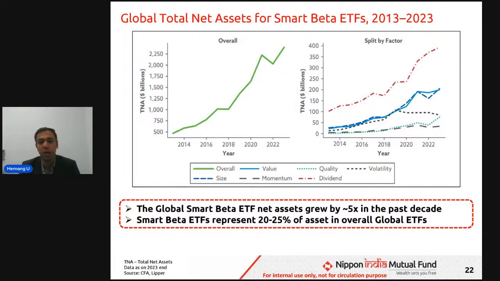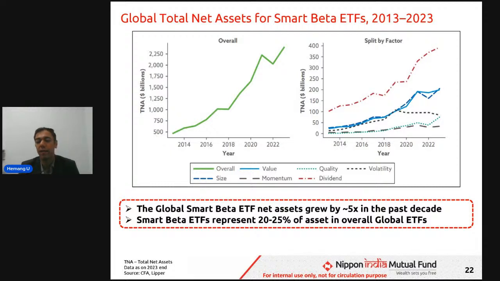If you see the box on the right-hand side, they have shown a split by factor. The first top red one is dividend. That is the flow that has been maximum globally, while momentum is at the bottom. In global standards, we are still a developing and evolving market.